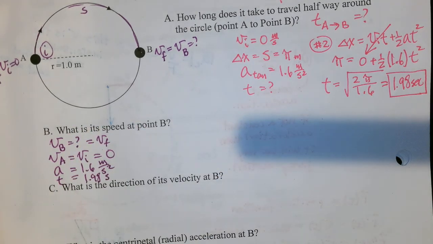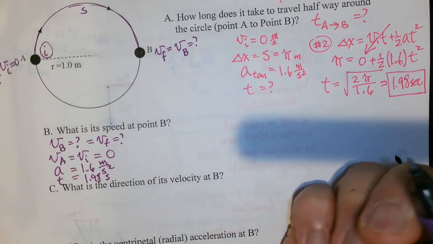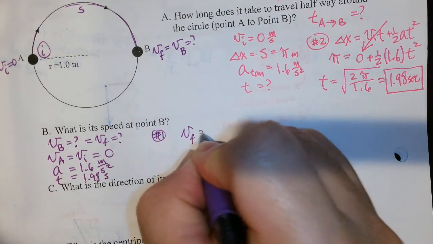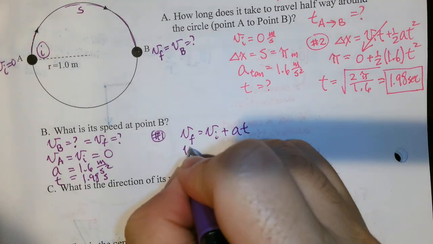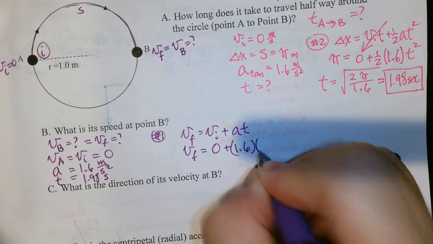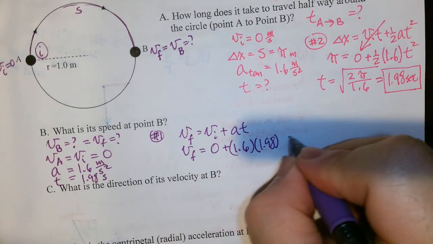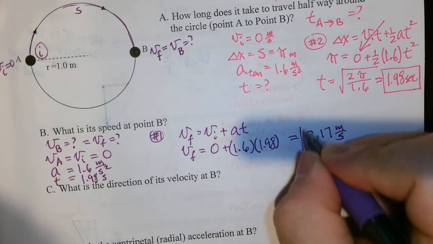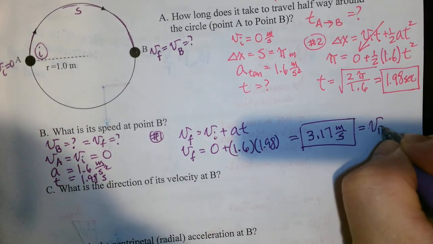So we have all 4 variables listed here with one unknown, so we can use equation number 1, which is VF is equal to VI plus AT. So VF is equal to 0 plus 1.6 times 1.98. My VF comes out to 3.17 meters per second. This is the speed at point B.